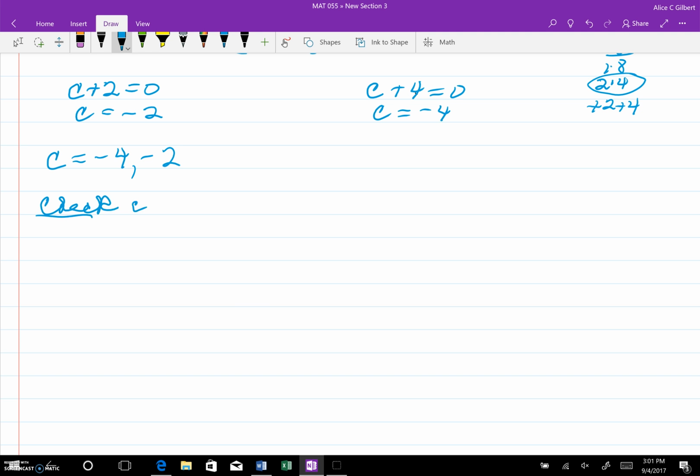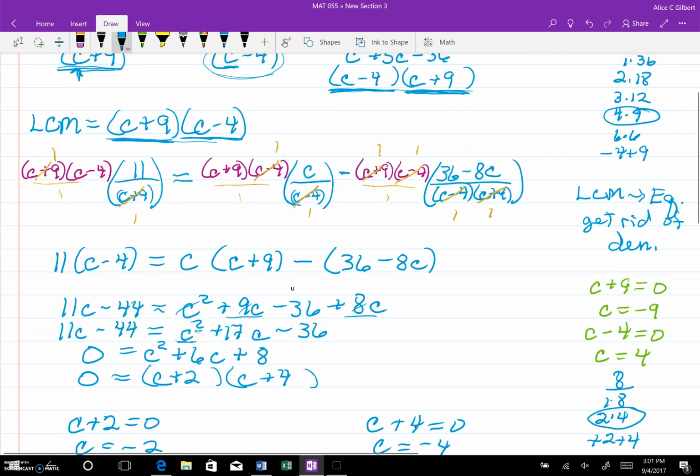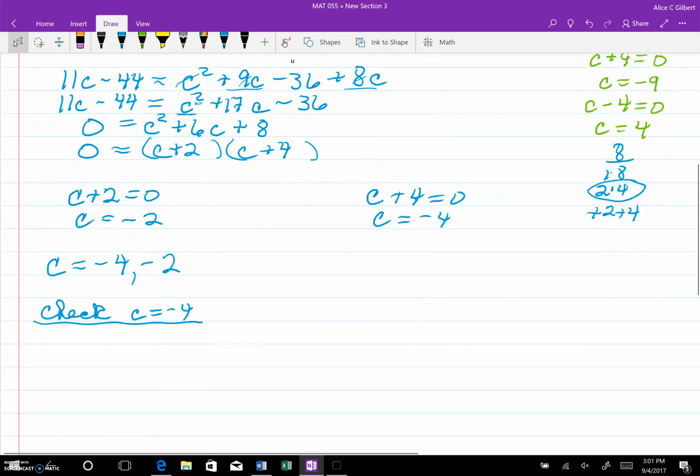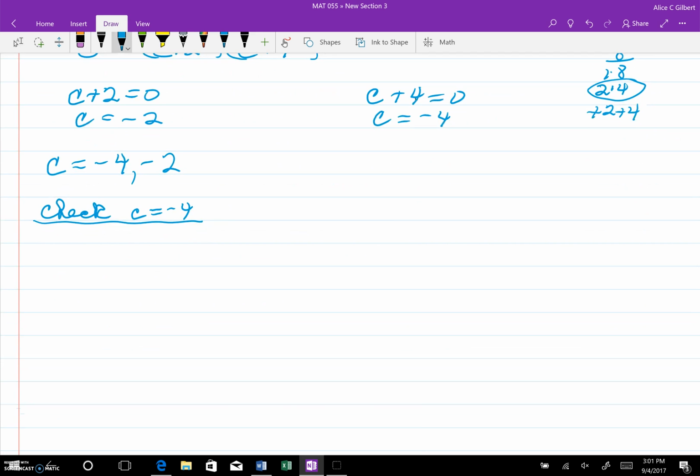So let's check C equals negative 4. All right, so it goes back into the original equation always. I've got it written down on my desk here, so I don't have to keep looking back, but you guys can look back.